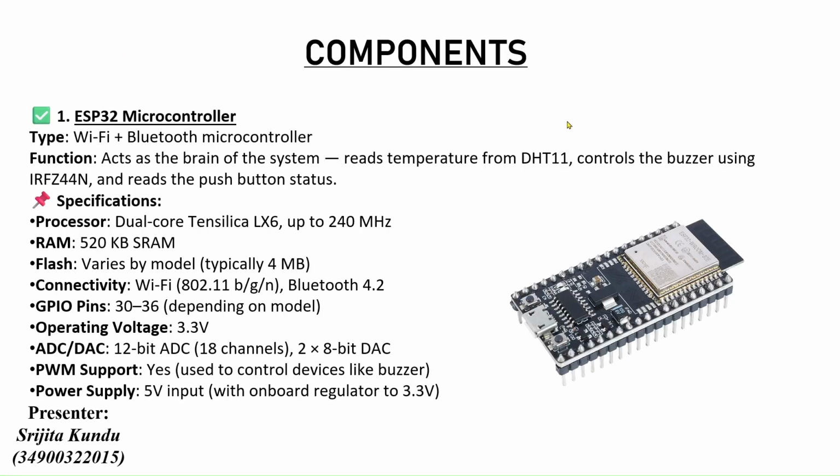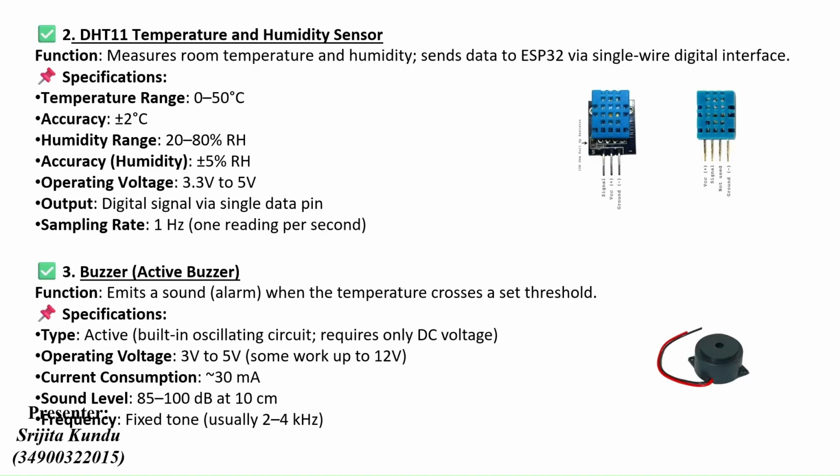Now, let us study the different components required to make the temperature activated alarm system. At the center is the ESP32 microcontroller, which functions as the brain of the system. It continuously reads temperature data from the DHT11 sensor, a digital sensor capable of measuring both temperature and humidity.